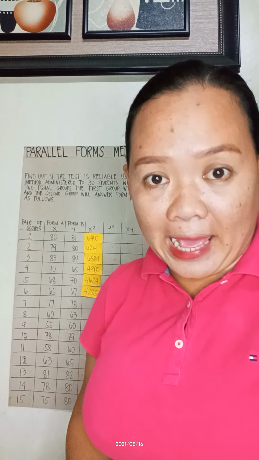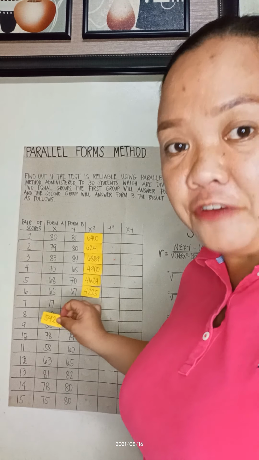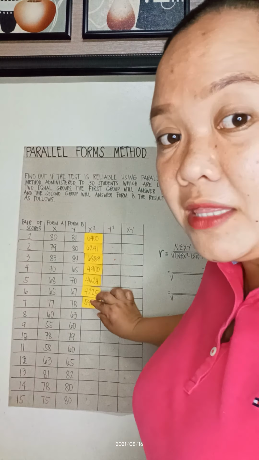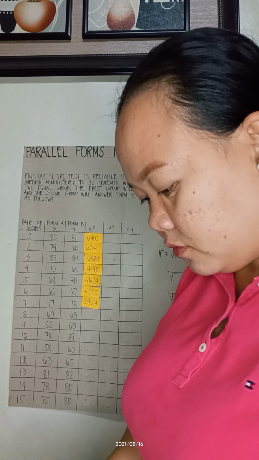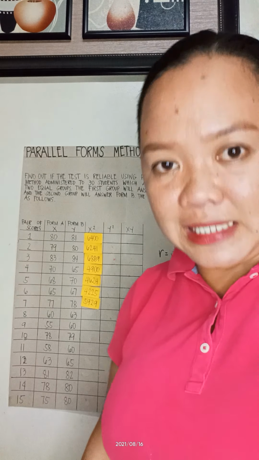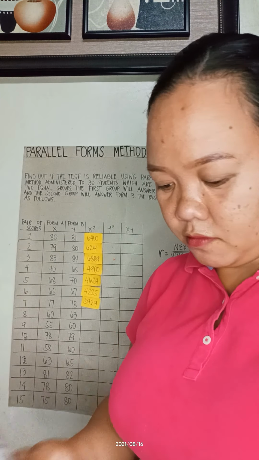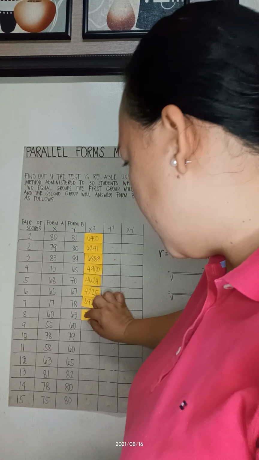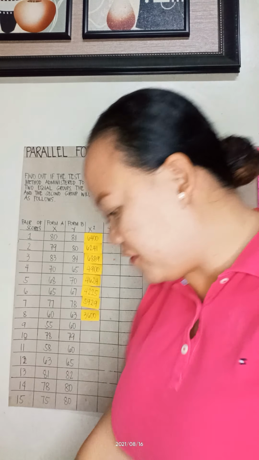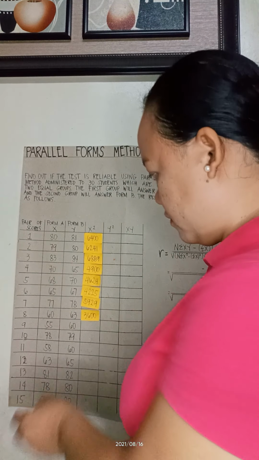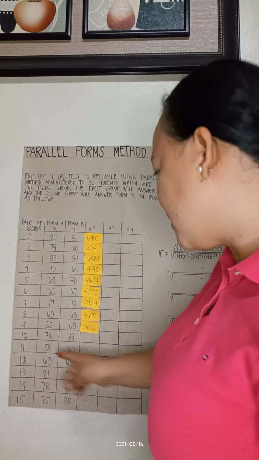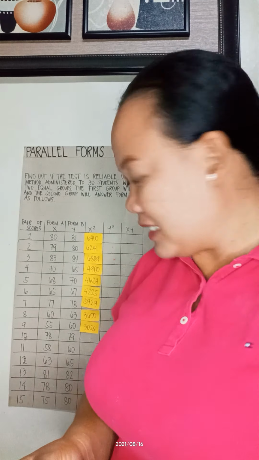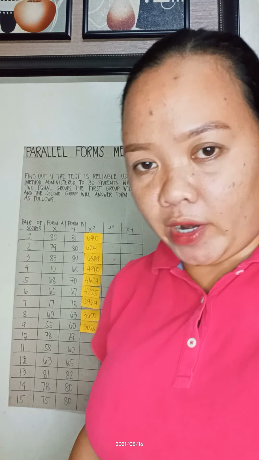You have to multiply the number by itself to find the product. Next, 60 times 60 is equal to 3,600. Next, 55 times 55 is 3,025. Next, 78 times 78 is equal to 6,084.